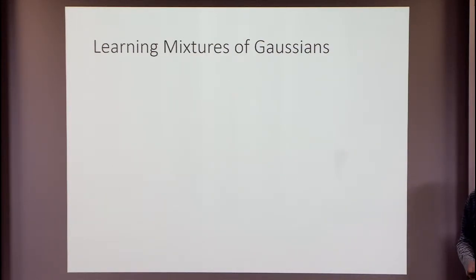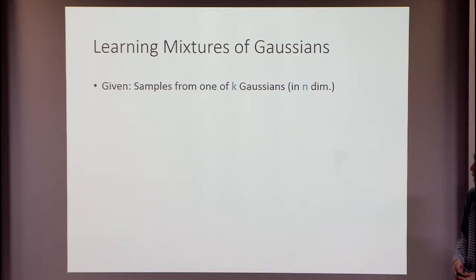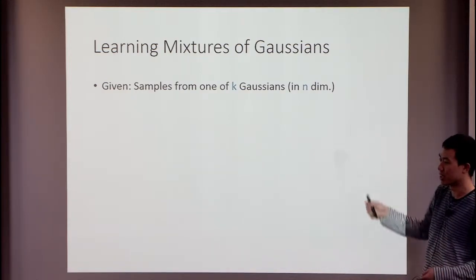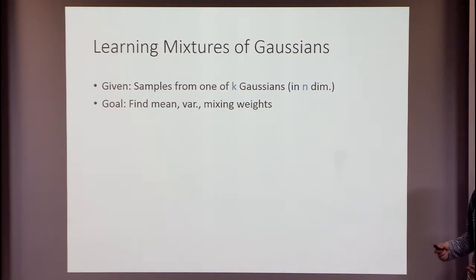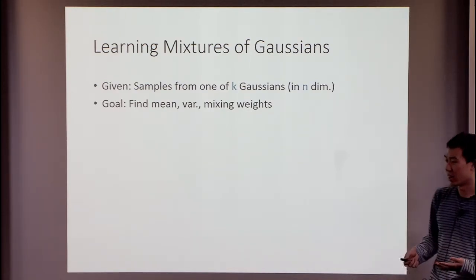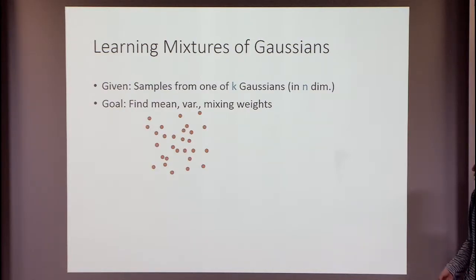More concretely, in the learning mixture of Gaussians problem, you are given samples from one out of k Gaussians. In the previous case, it was one-dimensional, but it doesn't have to be. It could be in some high-dimensional space, say n-dimensional. The goal is to find the mean, the variance, and the mixing weights for all these different Gaussian distributions just by observing the samples. Here's another example in 2 dimensions.